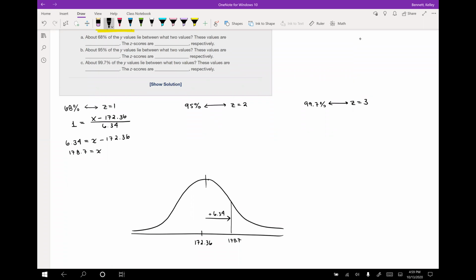So I can actually also go down 1 standard deviation as well. And that's going to give me 166.02.